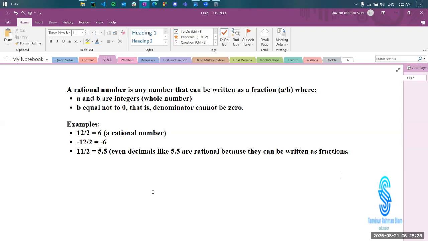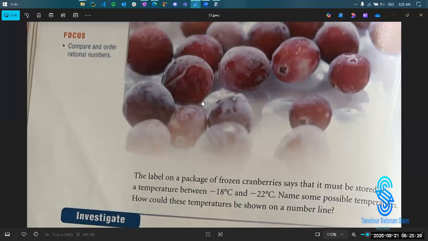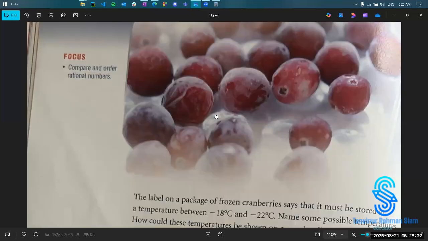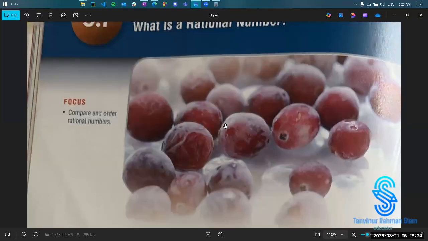Okay. In our textbook, what type of fruit does it look like? Grapes. Grapes, yes. Or you can say some fruit known as, have you heard of it, cranberries?